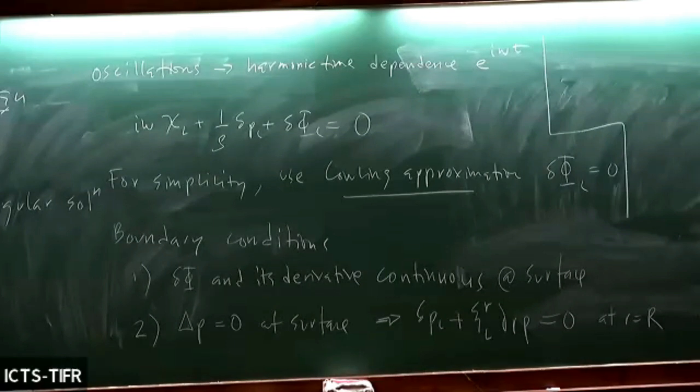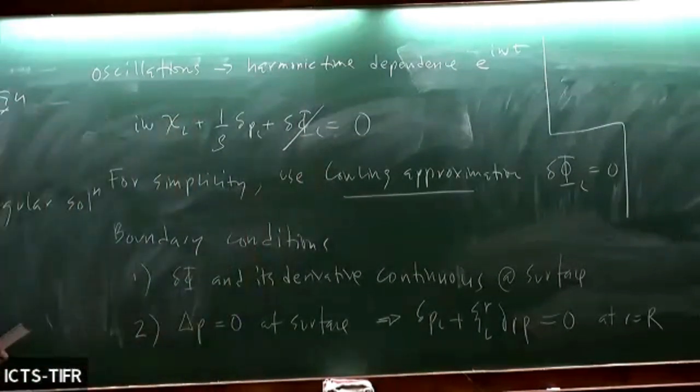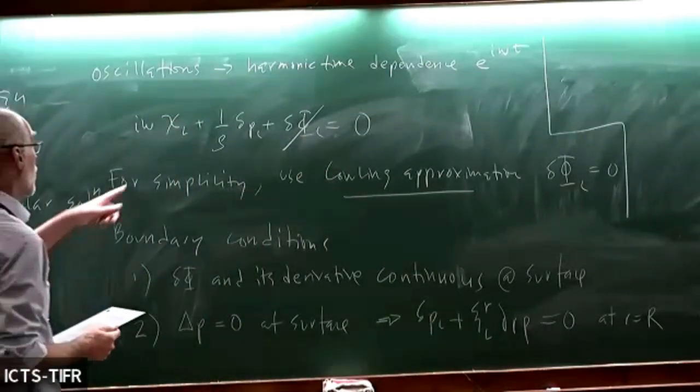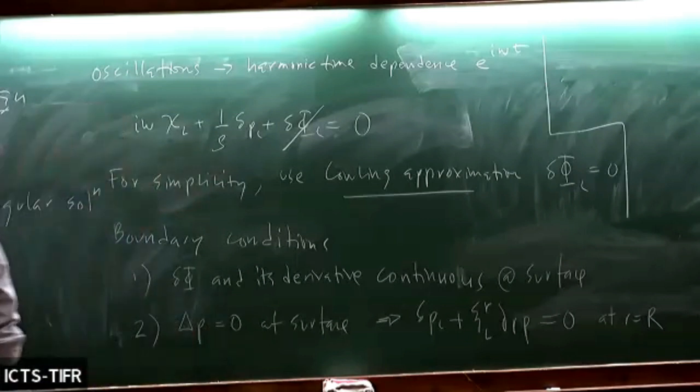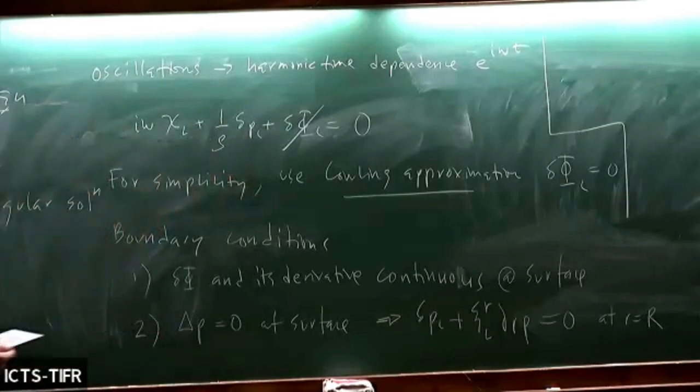I have this equation, but I've crossed this out. I know that each of these go like, say, A r to the L, and the other one goes like B r to the L, something like that. That's fine. So I have an equation here that only involves the A's and the B's, because these guys are the same. Okay?